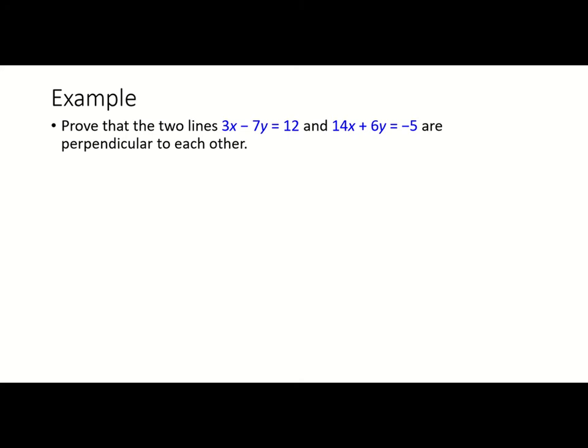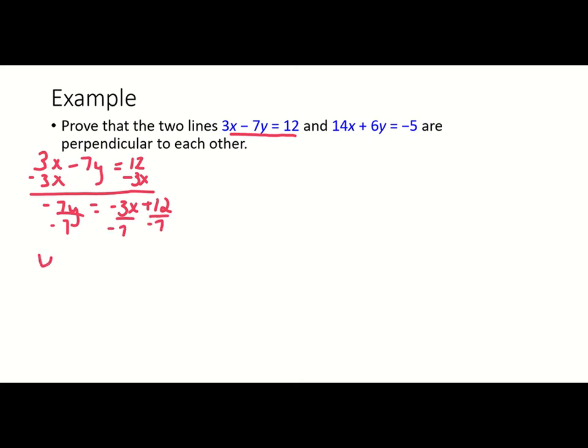You have to put it into slope-intercept form. So I'm going to take my 3x minus 7y equals 12, and I'm going to subtract 3x from both sides. So I'll get negative 7y equals negative 3x plus 12. Divide by negative 7.